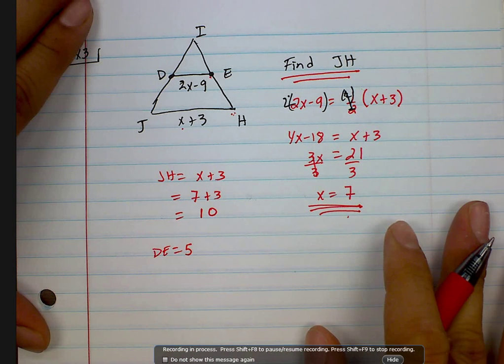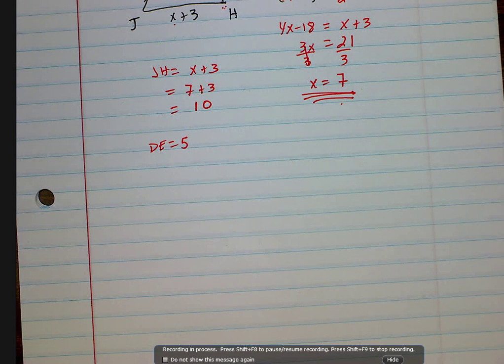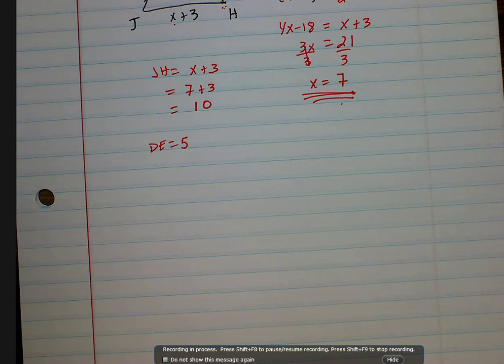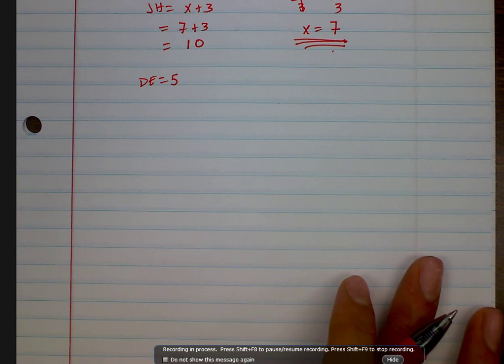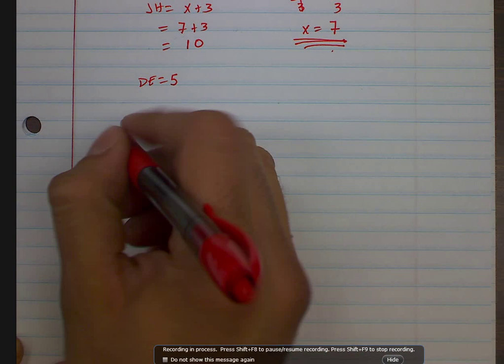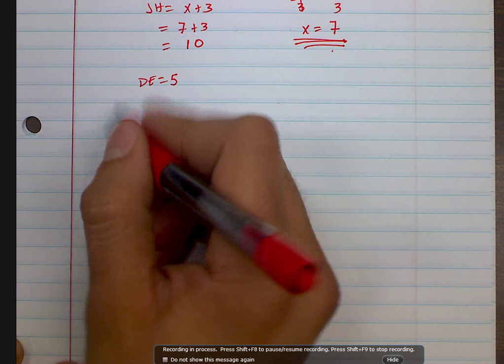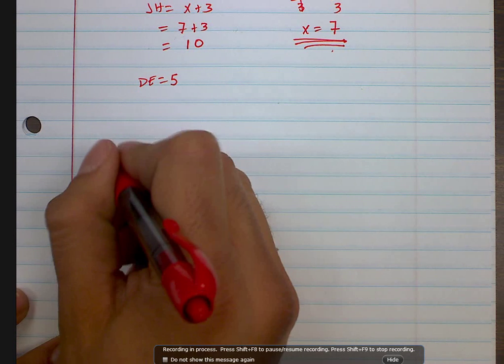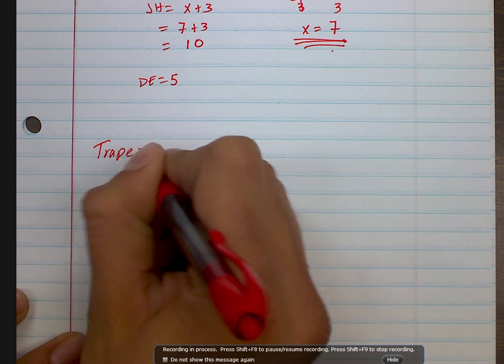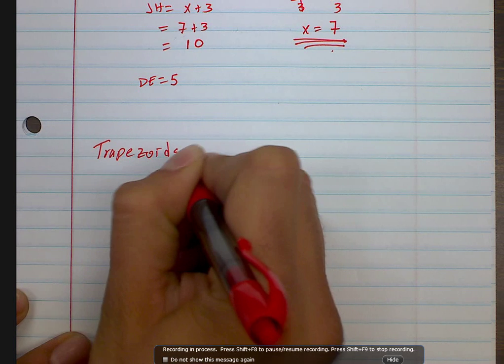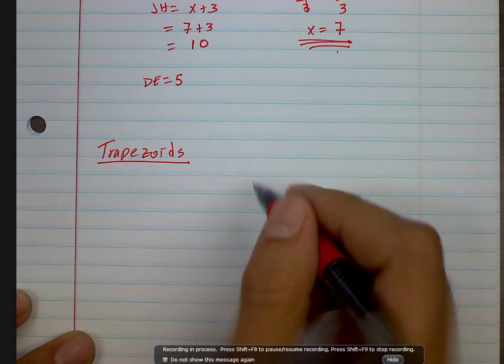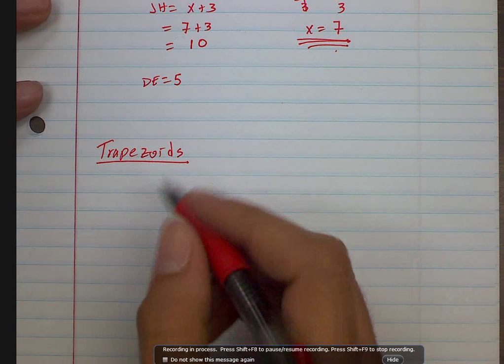Okay, that's for triangles. However, the idea applies also to trapezoids. However, in trapezoids, the mid-segment is called a median. But the idea is the same.